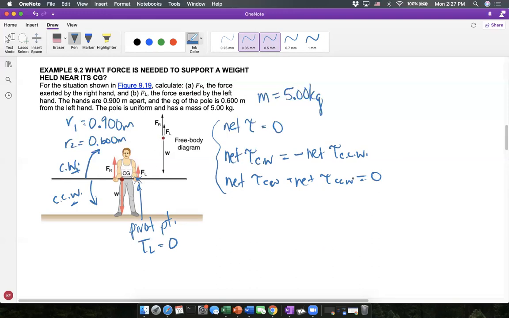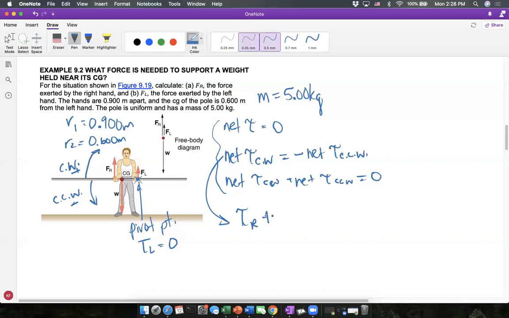Okay, so what we want to do then is plug in these equations. Let's plug in what we know for these motions. So here I'm going to say my clockwise is going to be our right hand torque, sorry.